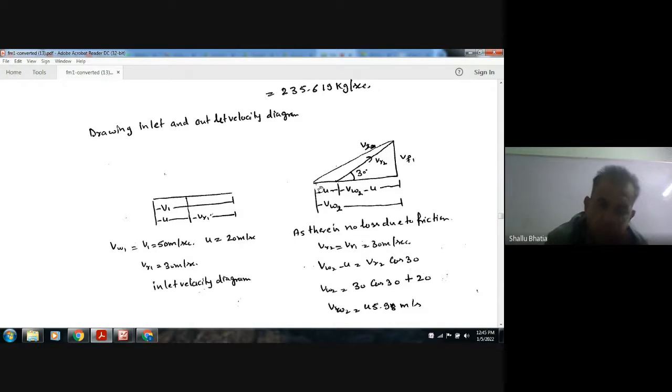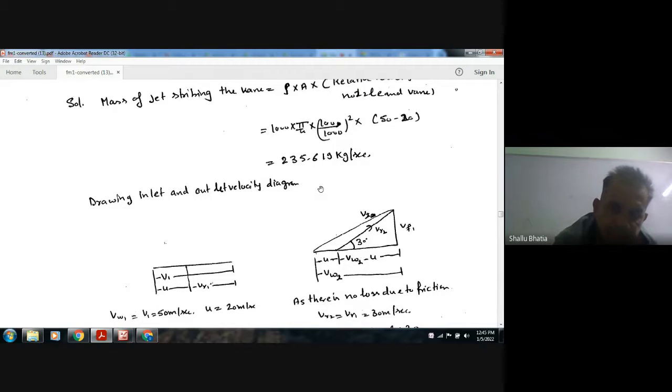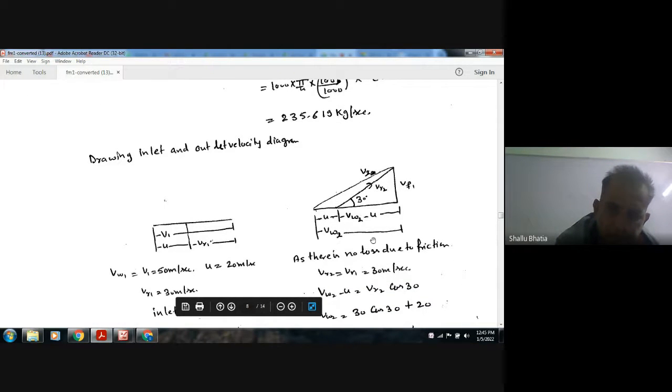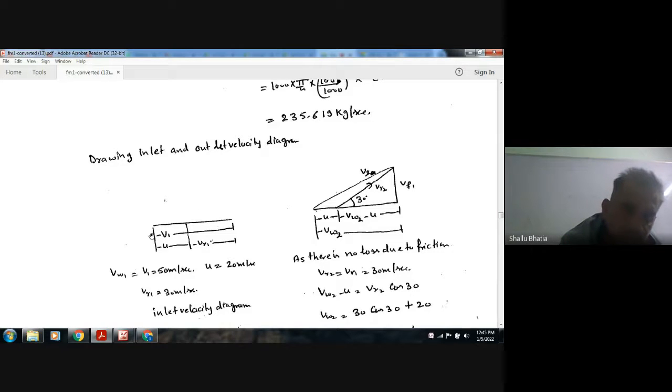Now, as the jet is deflected by 30 degrees, this is the relative velocity of the jet, VR2. u is in this direction, and VW2 is also in this direction. The relative velocity between them is VW2 minus u. So this is the outlet velocity diagram.